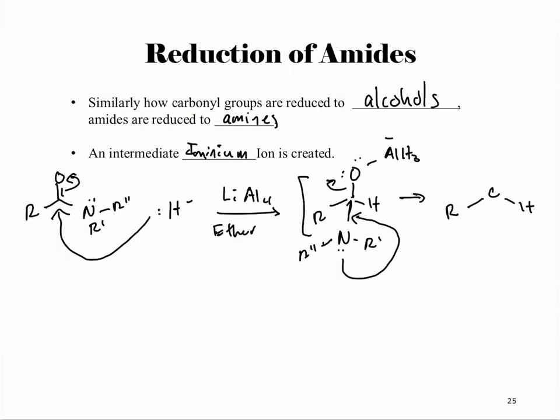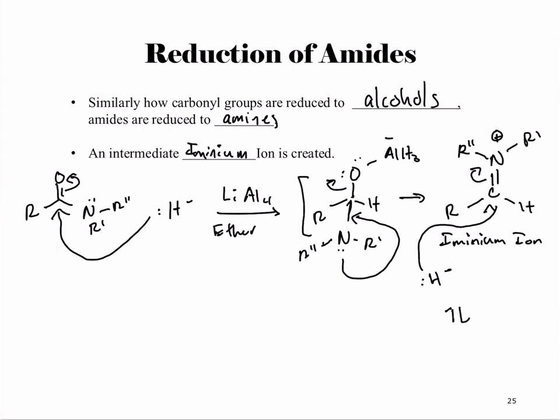That's our hydride proton still there. And then we'll have a positive charge on this nitrogen, R prime and R double prime. So now we have our iminium ion, which can then be attacked again by a hydride. And when that happens, it'll move the electrons from the pi system back onto the nitrogen to get rid of the positive charge.